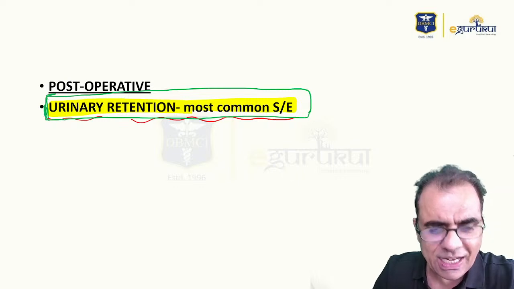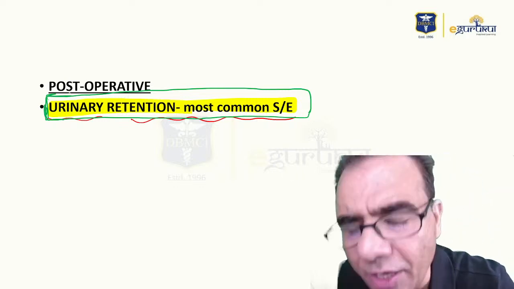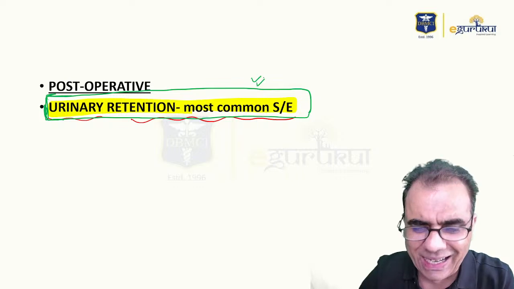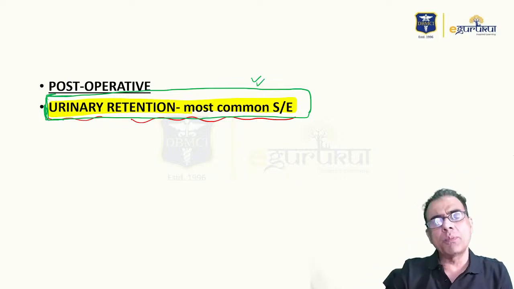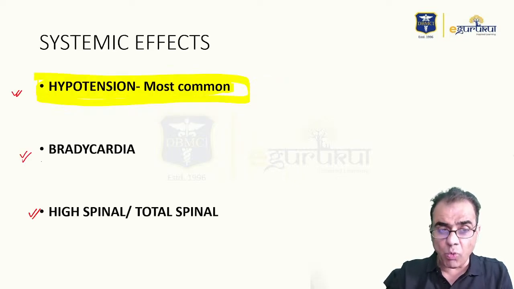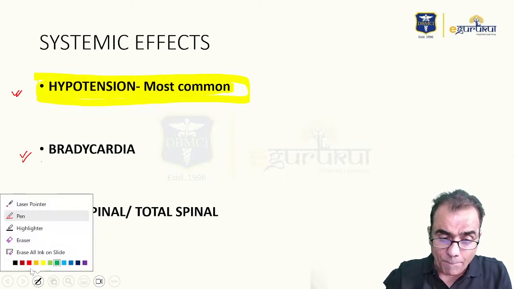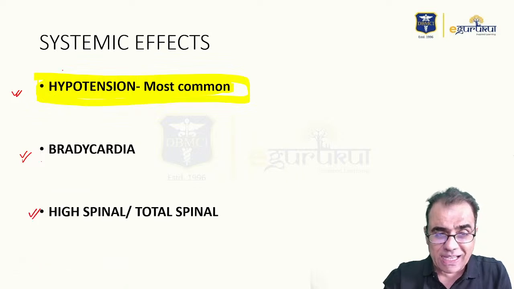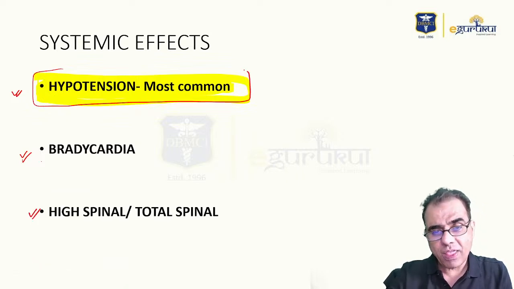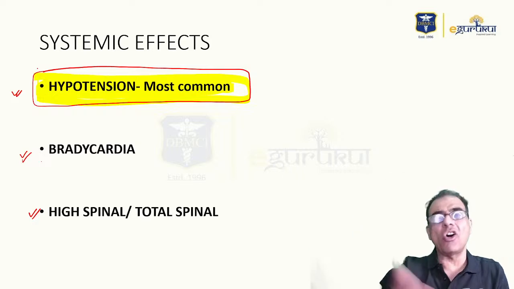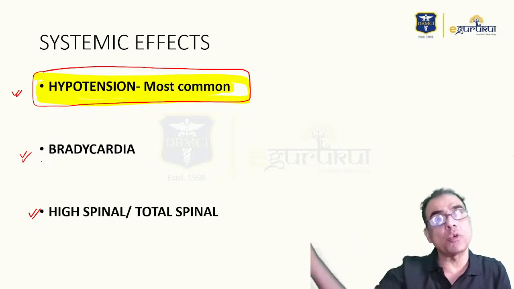However, now the incidence of headache has been so drastically reduced that in the current day scenario, the most common post-operative complication is urinary retention. But if they ask you the most common complication of spinal anesthesia, then it is hypotension. But of course, hypotension is going to occur intraoperatively only, not post-operatively.